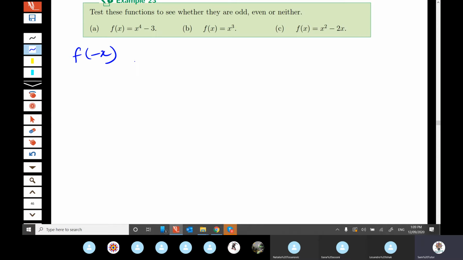What's our first step? Always sub in negative x. What's negative x to the power of 4? It's x to the power of 4, which is the original. Therefore, even.